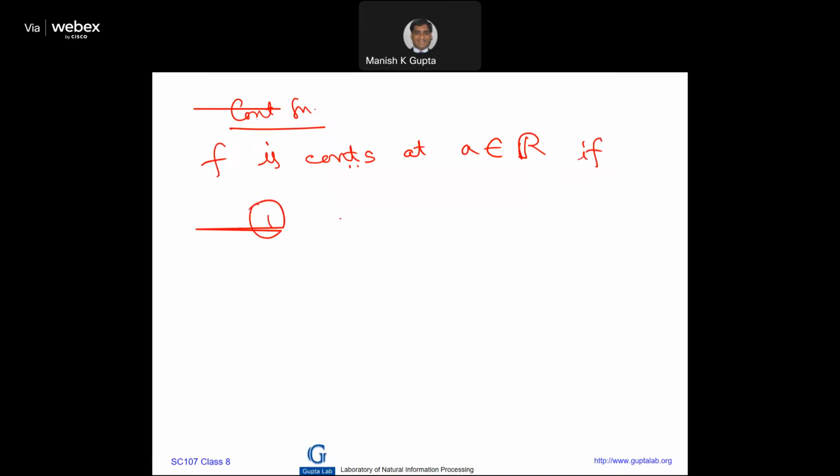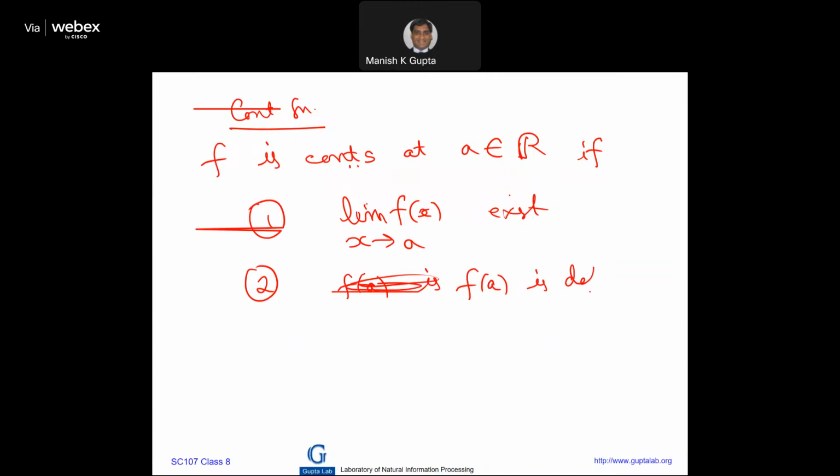Number one, the limit of f of x as x tends towards a exists. First condition. Second, the value of the function should be defined at a, right? And third, this limit as x tends towards a should be equal to the value of the function. This is a very, very nice definition, and you know about it, right? And obviously, if this happens, you will see that there will be no break when you draw the graph, right? So this is the definition of a continuous function.